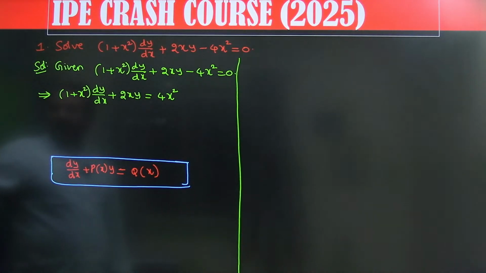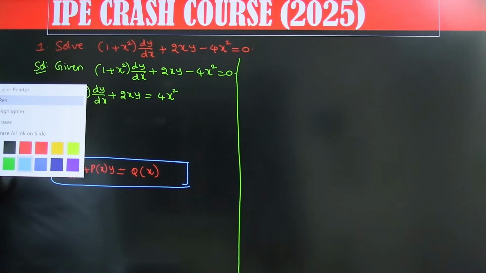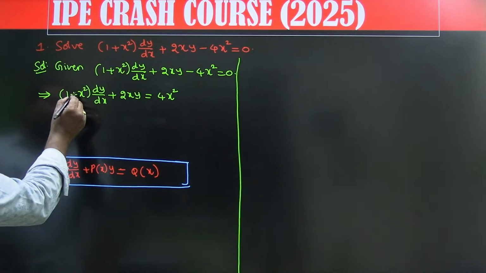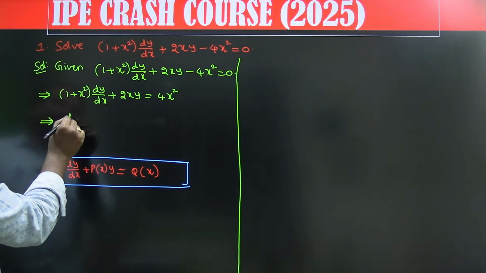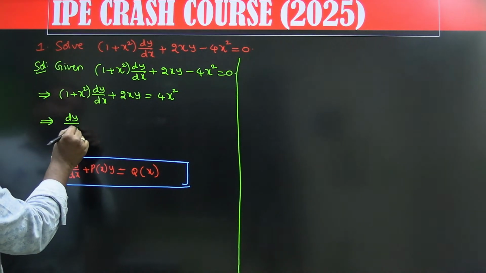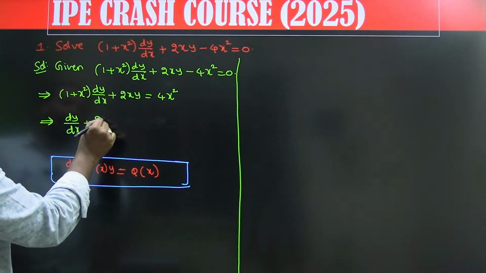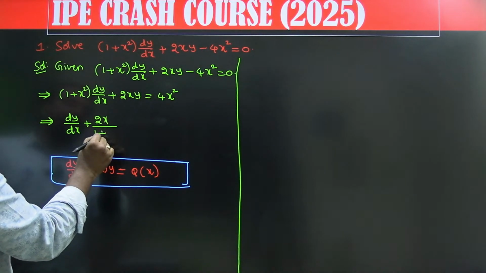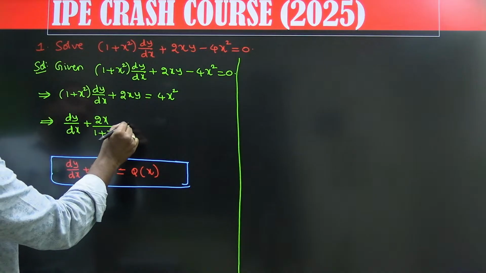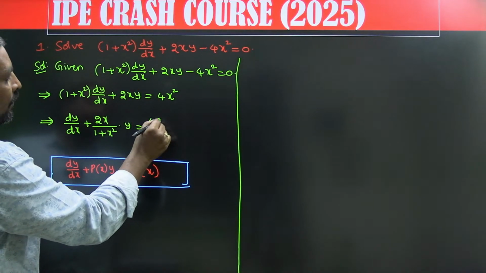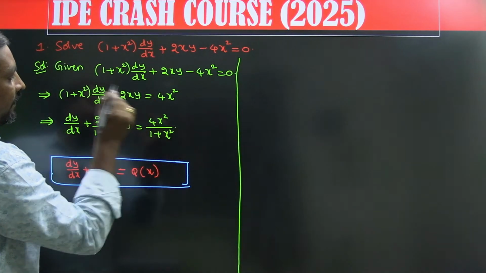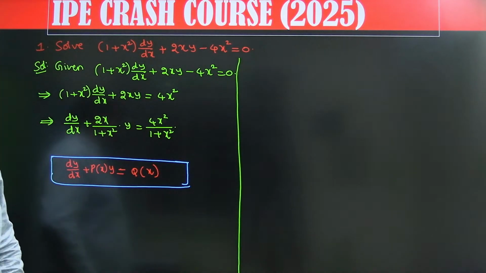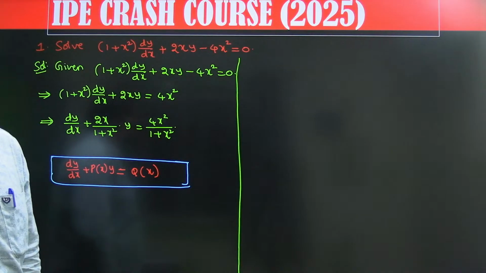So dividing with 1 plus x square: dy by dx plus 2x by (1 plus x square) into y is equal to 4x square by (1 plus x square).